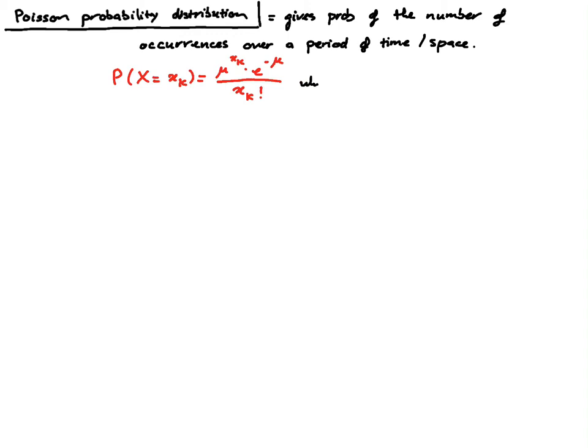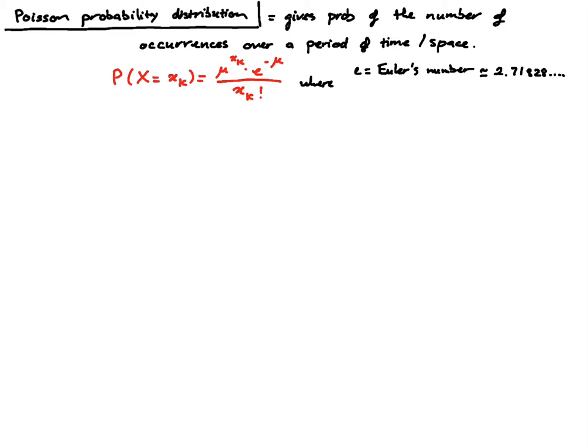Where e is what's known as Euler's number, which is approximately 2.71828 and so on.